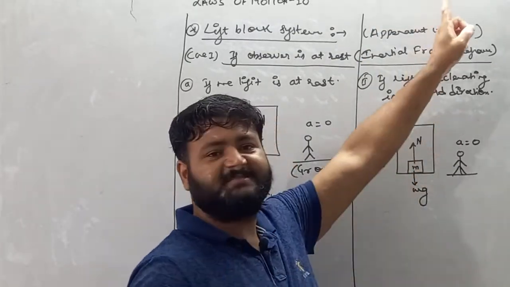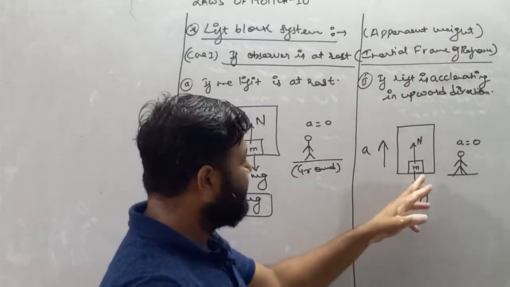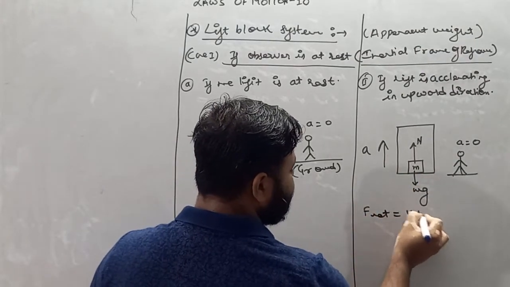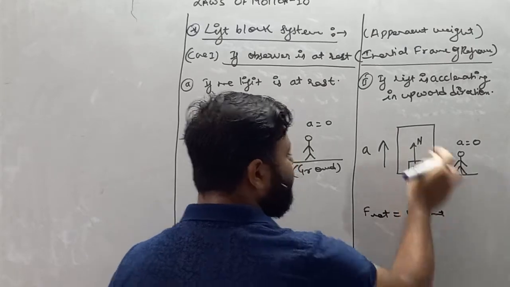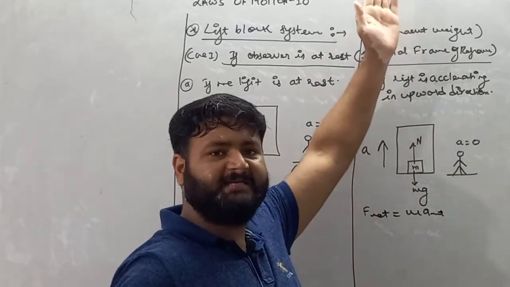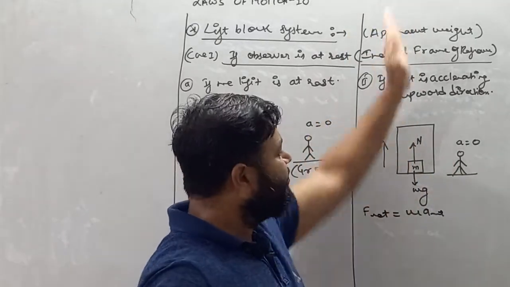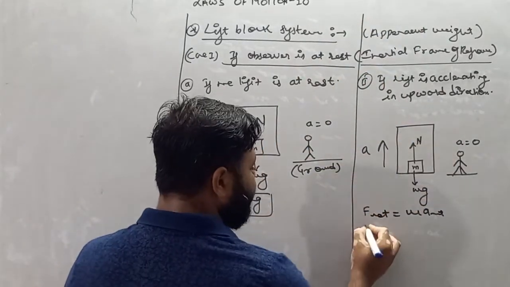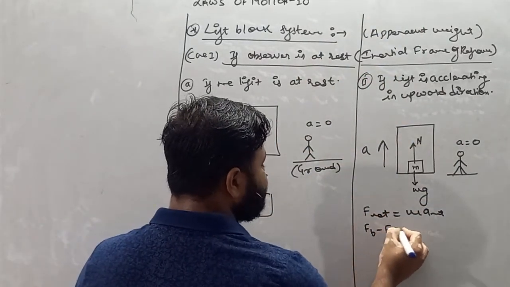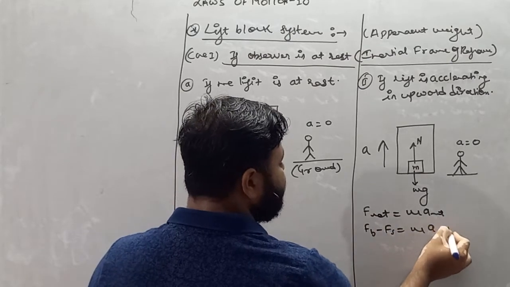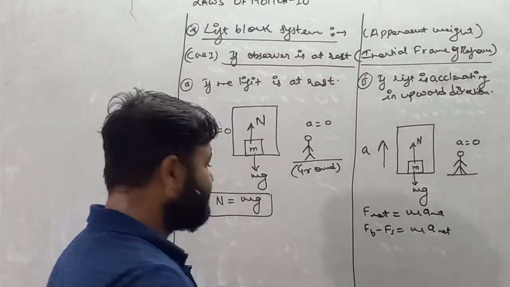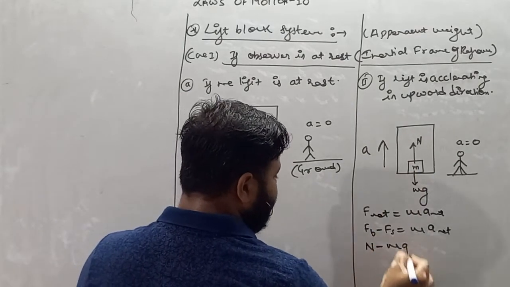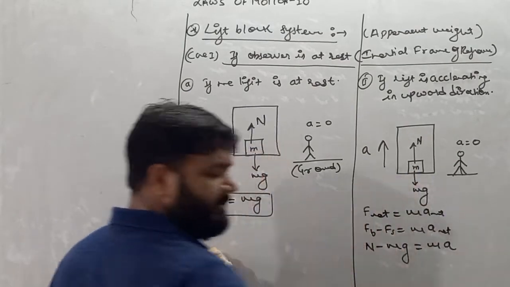So if the block is moving in the upward direction, we can say F net equals m a net, because two forces are there, one upward and one downward. So F net means bigger force minus smaller force equals ma. So we get normal minus mg equals ma.